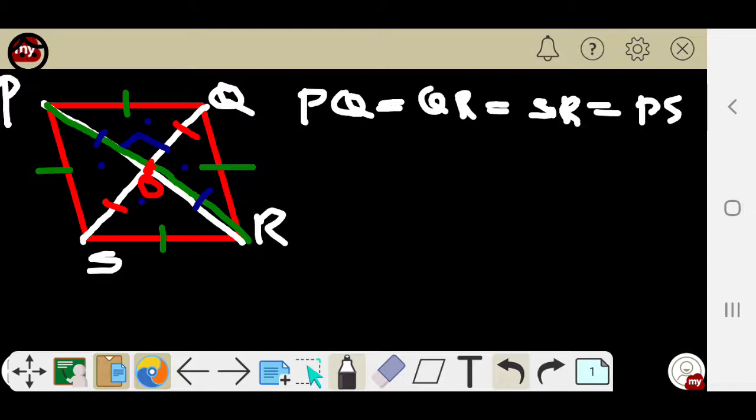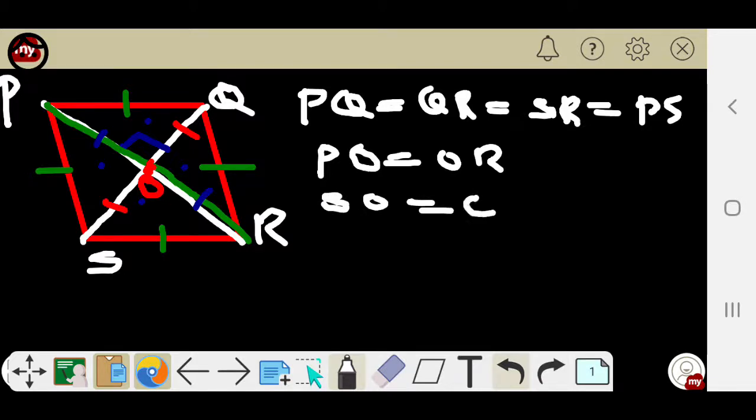And also now we got PO equal to OR and SO equal to OQ. Diagonals bisect each other. Using all these concepts, we have to prove angle POQ equal to 90 degree.